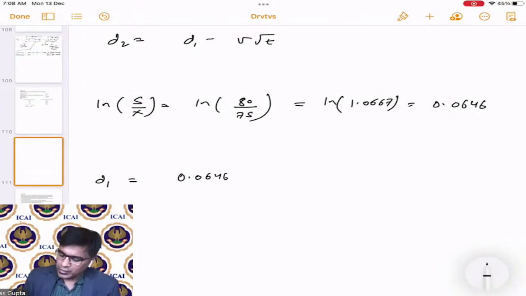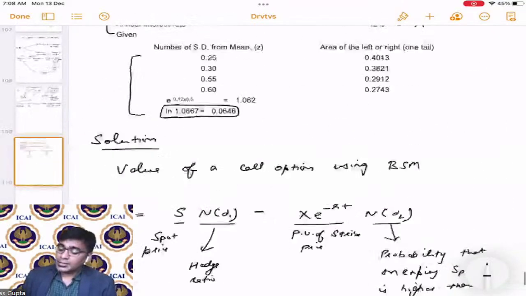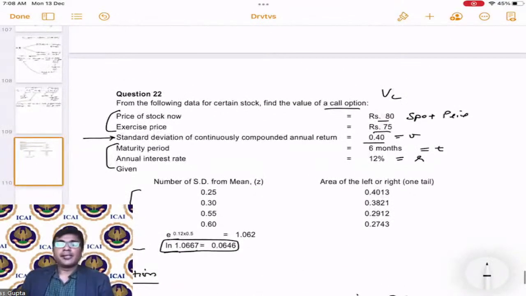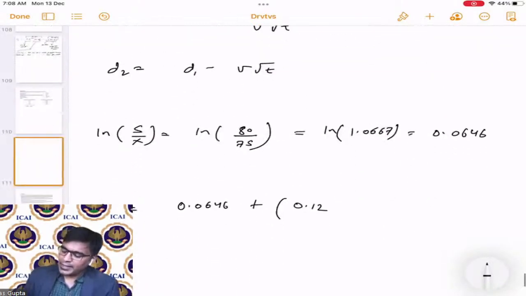This is the natural log plus what is the R percentage? 0.12. Now, students, please note here we have to take the R percentage per annum, not multiplied with the period, because the period we are multiplying in the end here.